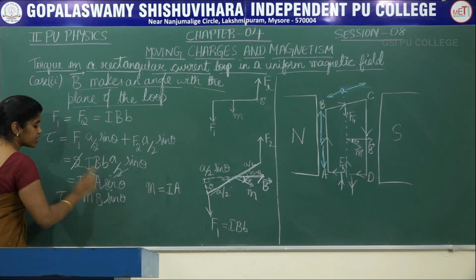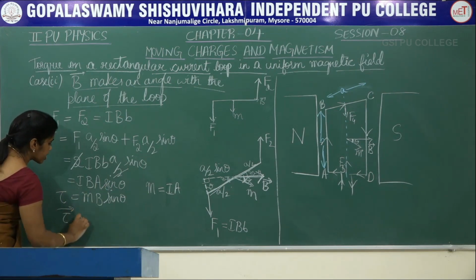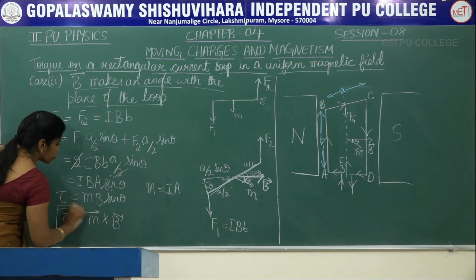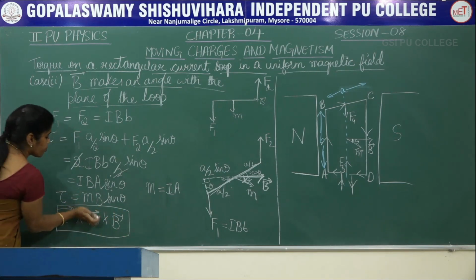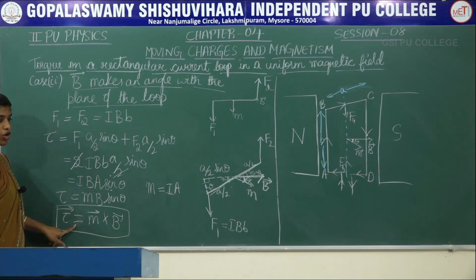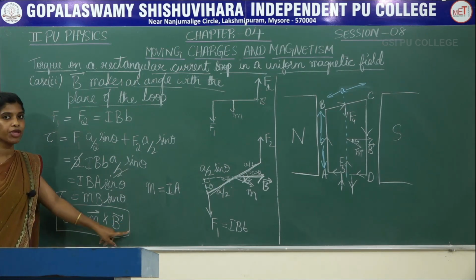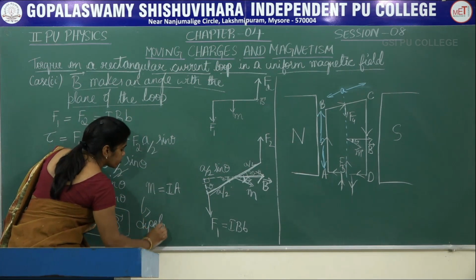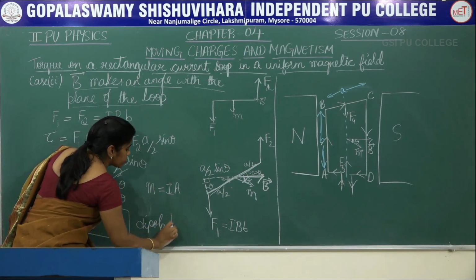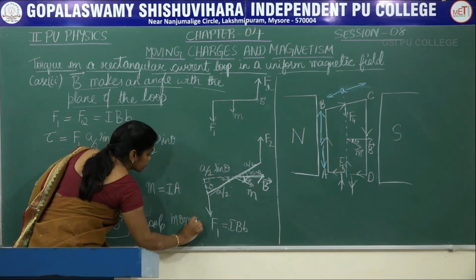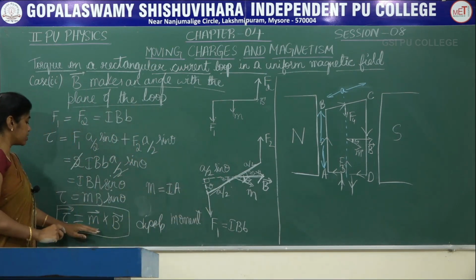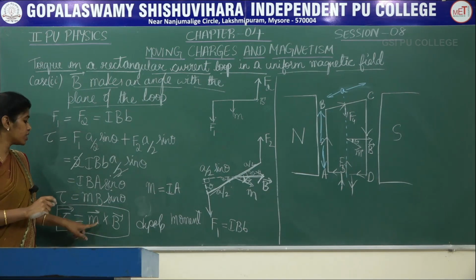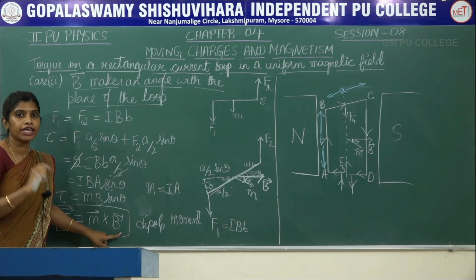Or since I have this sin theta, I can write this in vector form as M cross B. So torque is equal to M cross B, where M is the dipole moment. So torque can be written as the cross product of the dipole moment and the magnetic field.